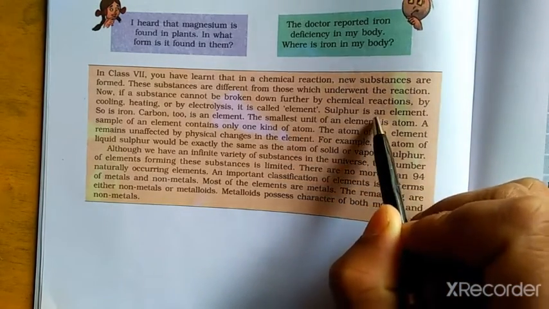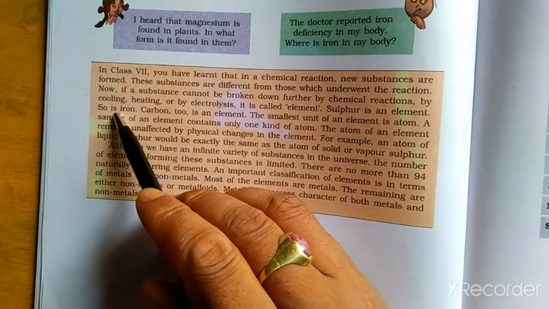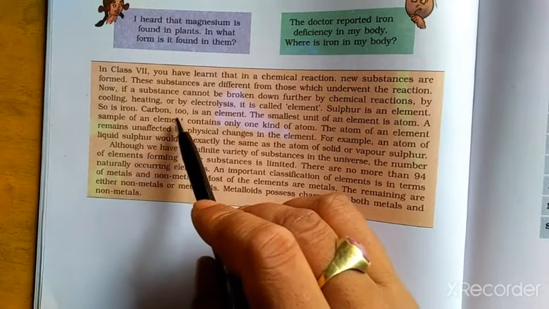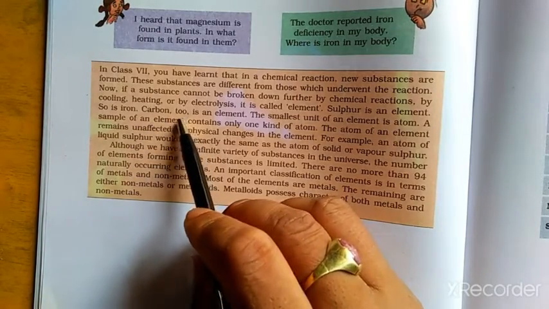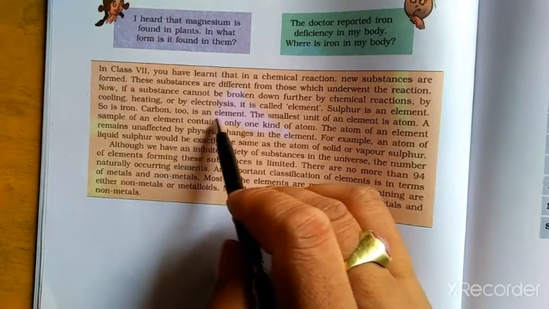Sulfur is an element. So is iron. Carbon too is an element.